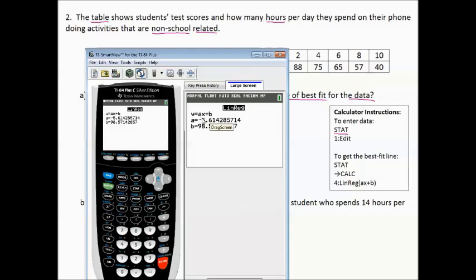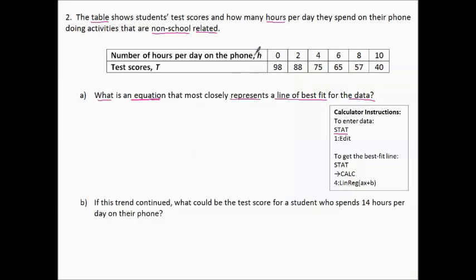A is the same as m, and it gives me the values for both of those. So instead of writing the letter A, I'm going to round my A value, and instead of writing B, I'm going to round my B value. So when I write this down, A is equal to negative 5.6, and B is equal to 98.6.